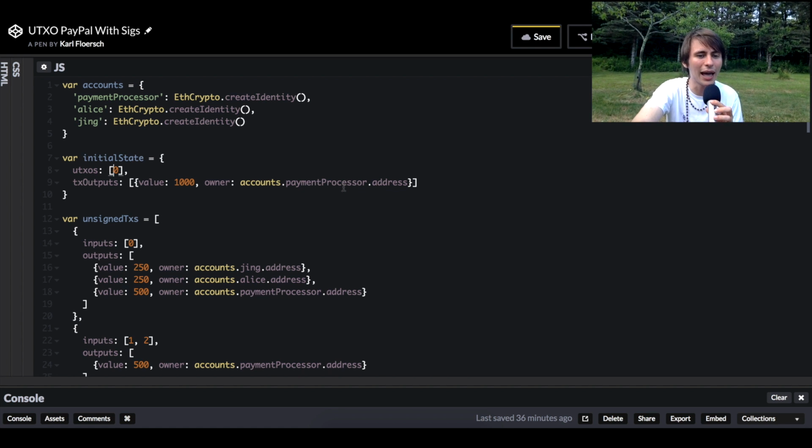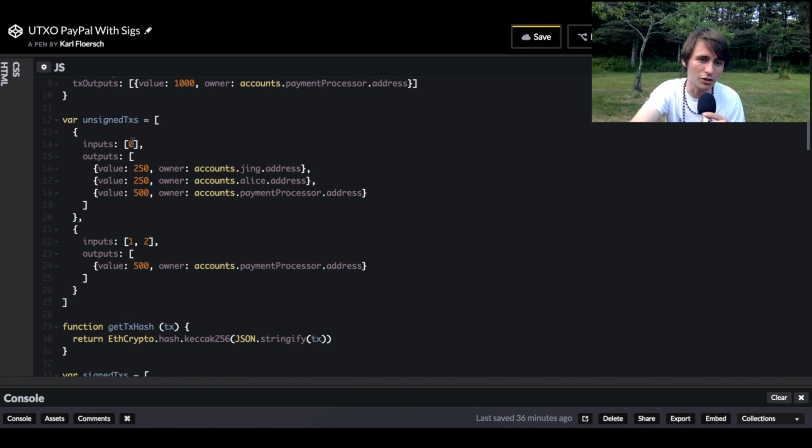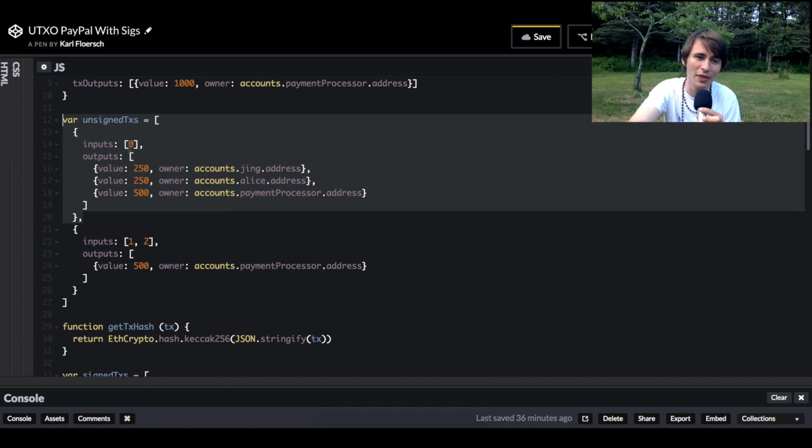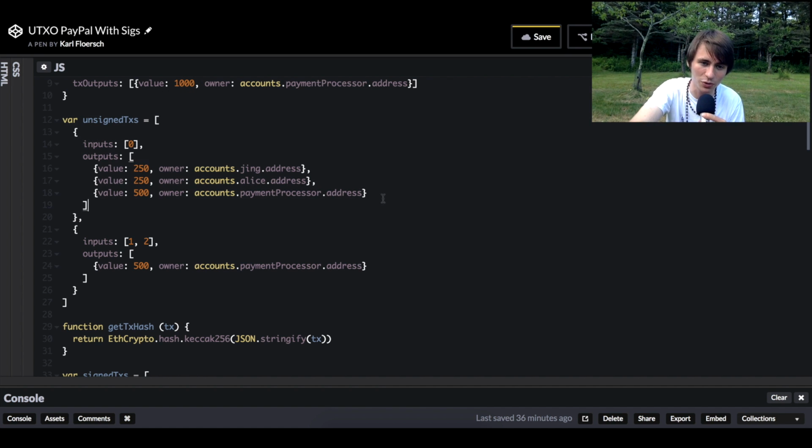But let's take a look at the unsigned transaction. So this is very alien and complicated looking, but what we're doing in this first transaction is we're taking this 1,000 and we're sending it to 3 different addresses. We're sending it to Jing, to Alice, and back to the payment processor, right? 250, 250, and 500.